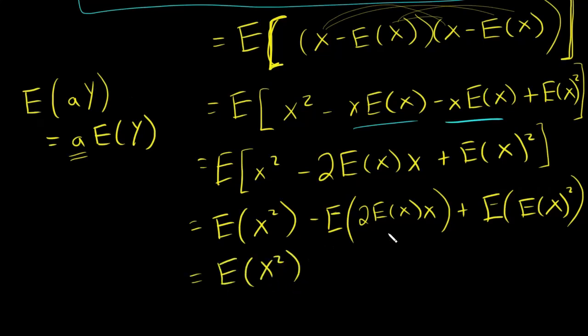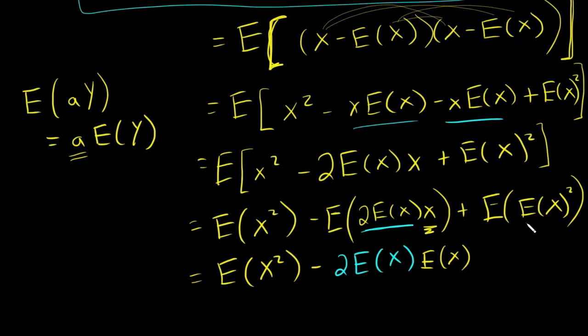So what's my constant here? Here my constant is 2 times the expected value of x. So I can pull that out. So I'll have minus 2 times the expected value of x, and then my random piece, I still have this x back here, so it's the expected value of x. The constant comes out, and I still have the expected value of x.